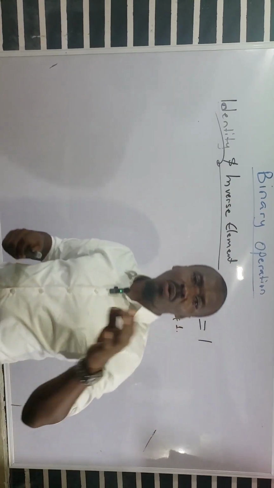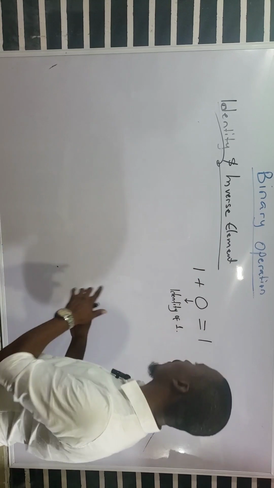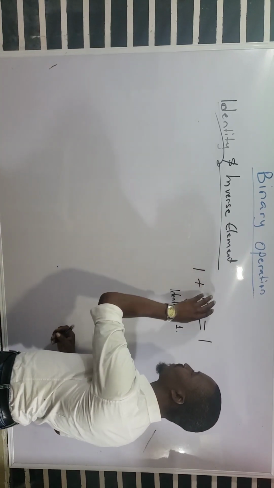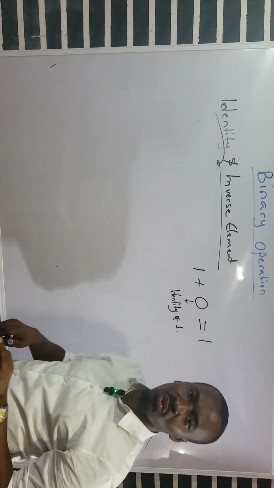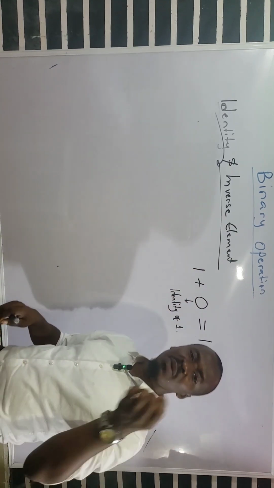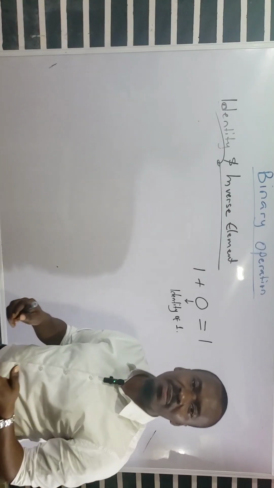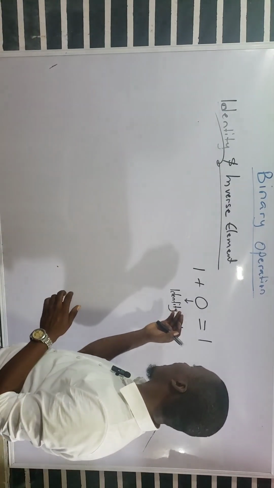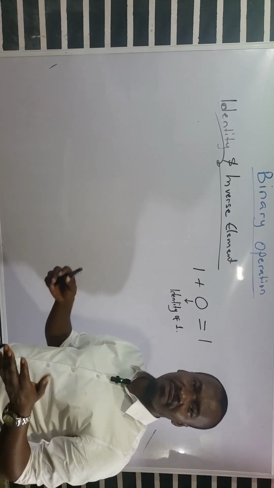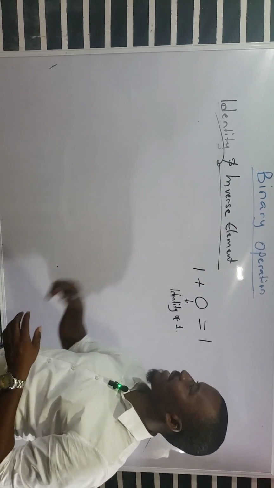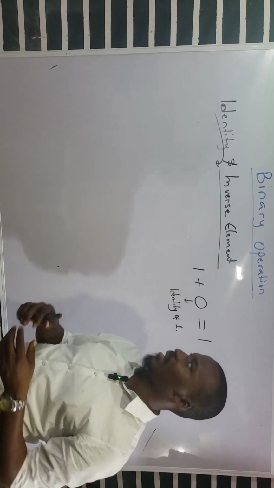Inverse is whatever I combine with my element to get the identity of that element. Whatever I have used to combine that gives me back my identity, it simply means that the element I have used is an inverse element. Now let's write it in a way that will be very clear for us.